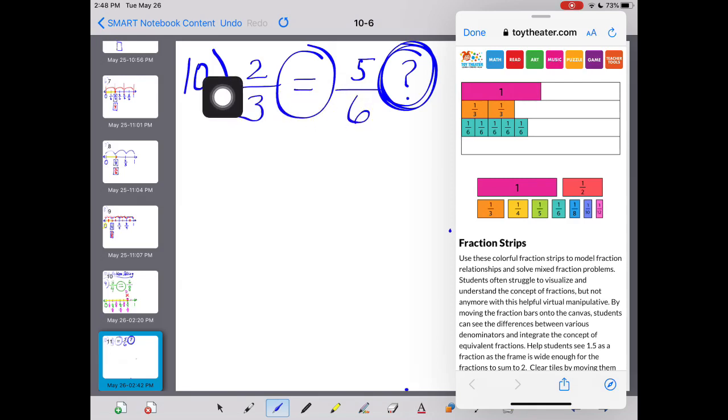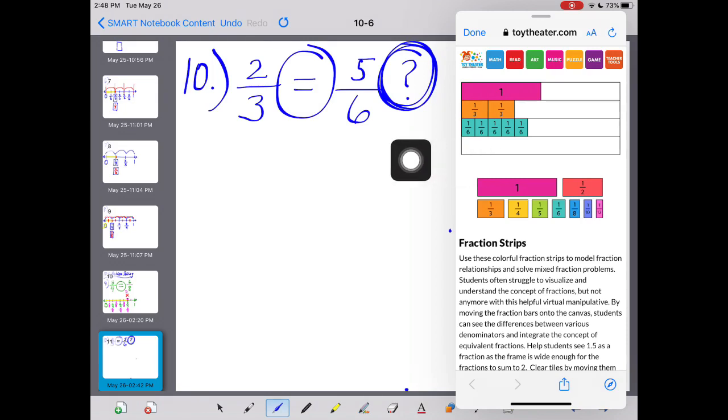There's 2 pieces of the thirds, but 5 pieces of the 6ths. So you're not comparing 2 pieces against 2 pieces. So you can't just look at the denominator and say, well, 3 is smaller, so therefore it must be larger. Well, no. You still have to take a look at how many pieces there were.